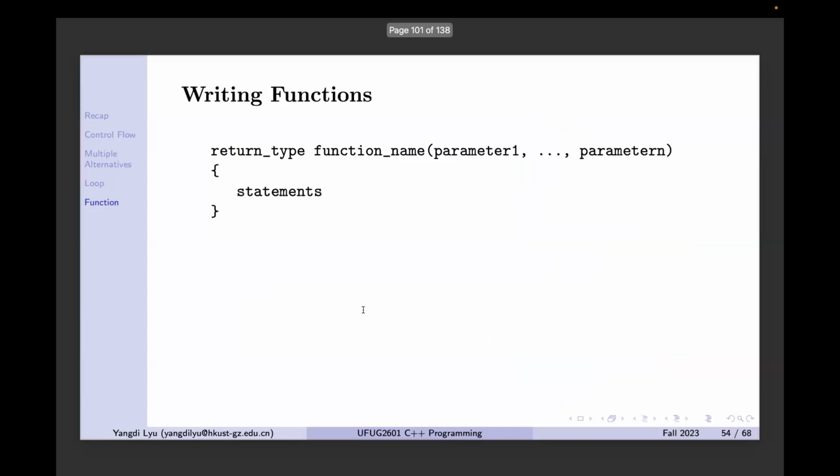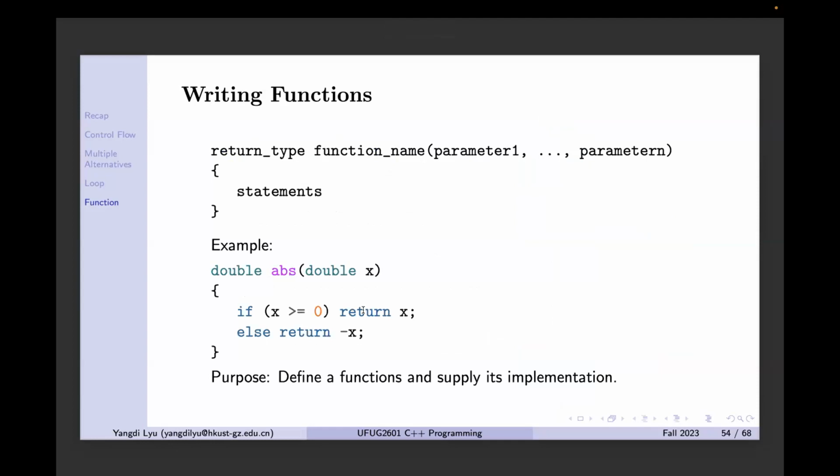It's clear. So here is the typical definition. How can you declare a function? You have a function name, you have the return type, you have parameters. Parameters can be empty, then you don't need them. Then you have a statement as the body. Like ABS, how can you implement ABS?